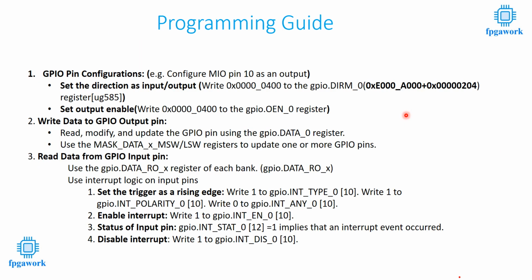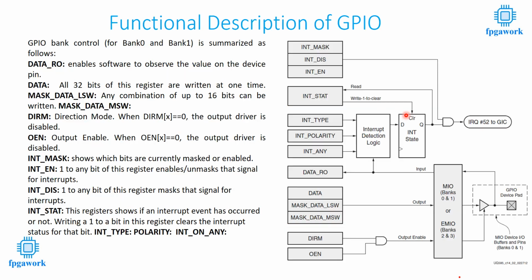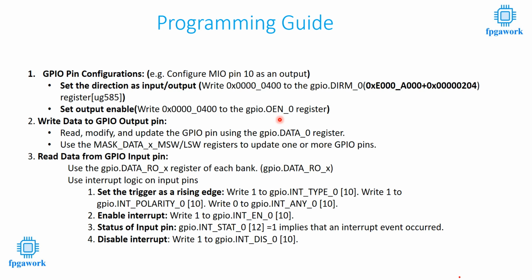Yeah, so we again have a good idea of how a GPIO works. In each GPIO bank we have all these sets of registers. We will be programming all these registers while we play with GPIO in the next part of the video.